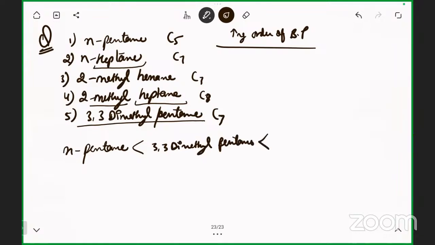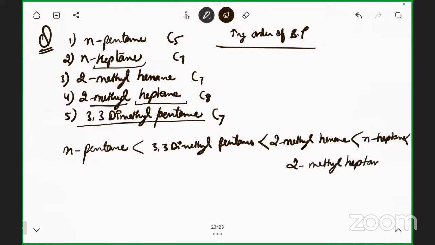Then we have 2-methylhexane, which has one branching, so it will be next, then n-heptane. And the maximum number of carbon, the last one, is 2-methyl heptane. Got my point? Confirm?